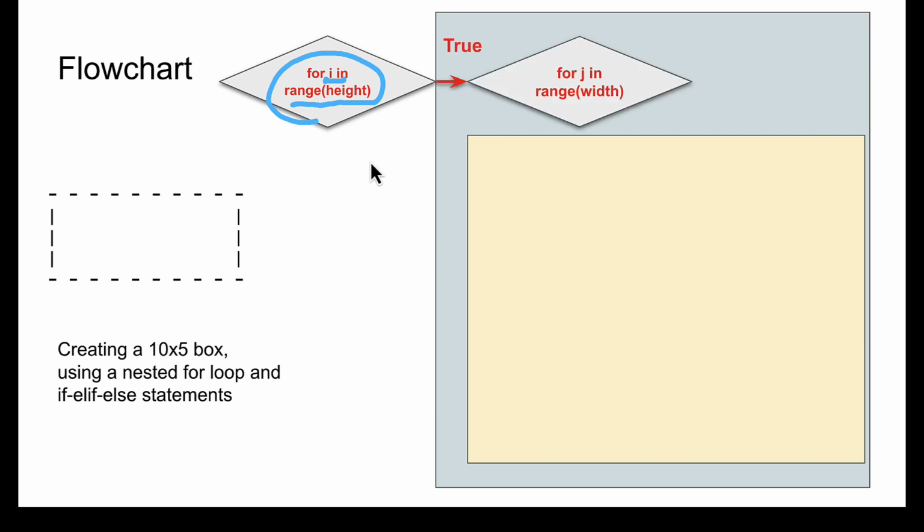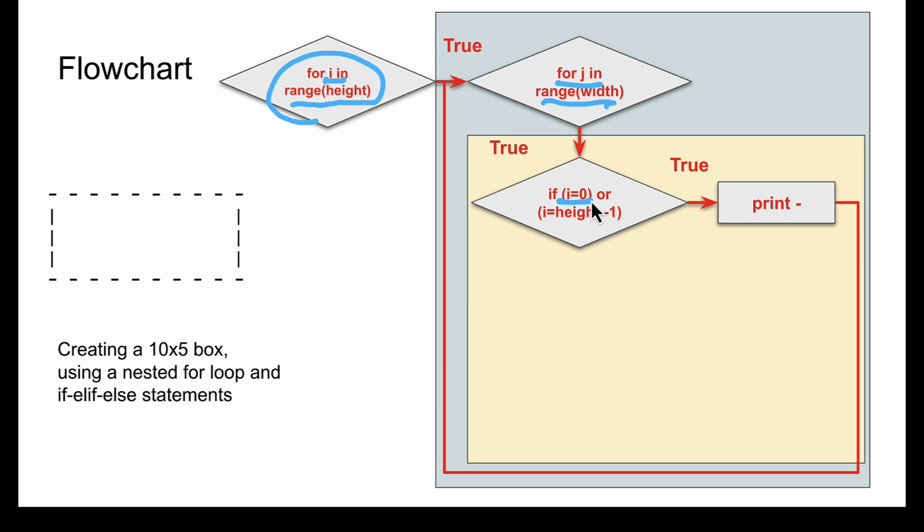Then we're going to look at the columns in terms of the width. If i is 0 or height minus 1, basically if i is the top or the bottom, then we're going to print this dash line, and that's going to continue on until we get to the end of the line in terms of the width.